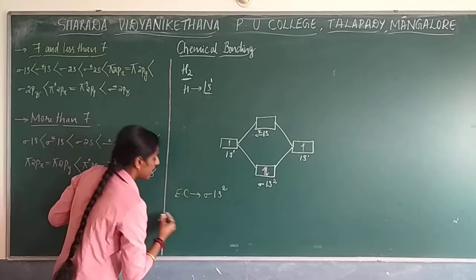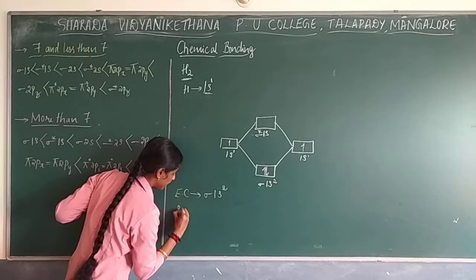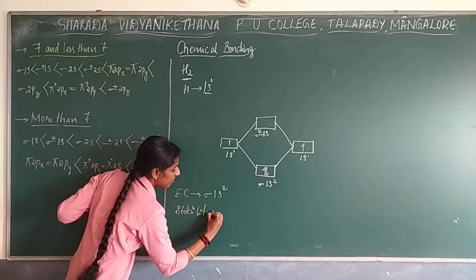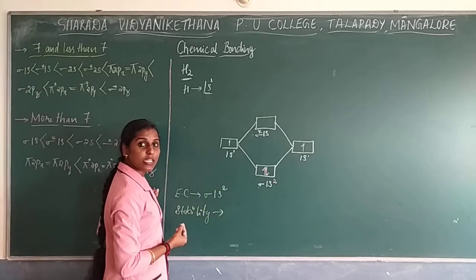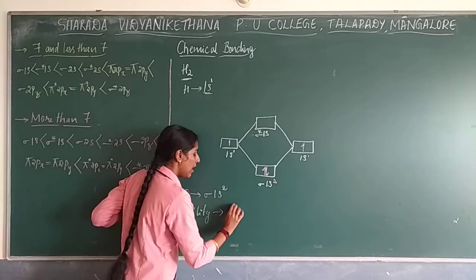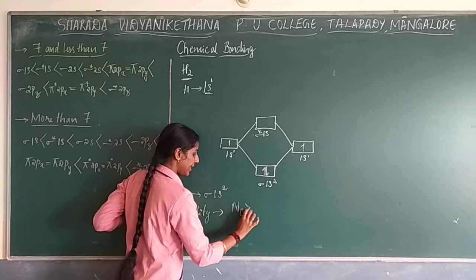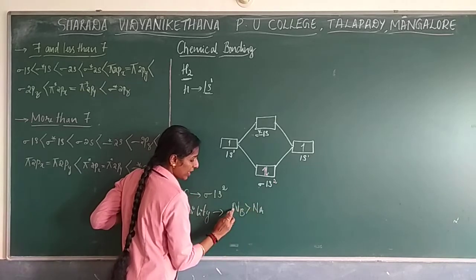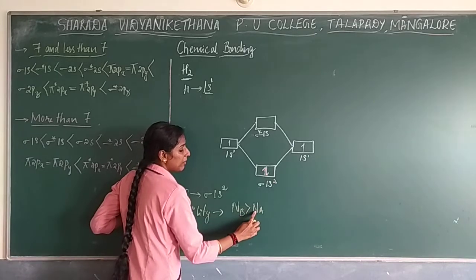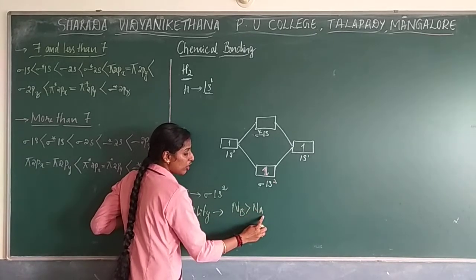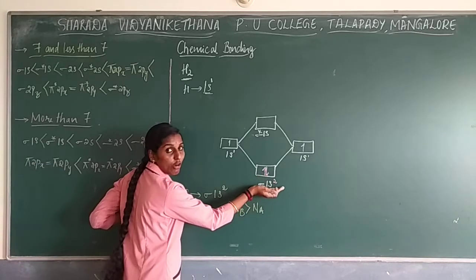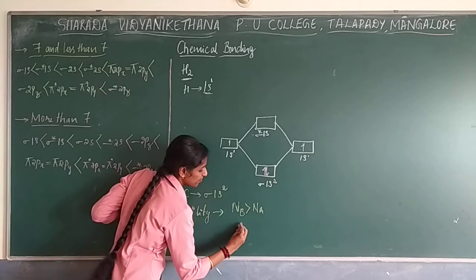Next, what you have to check is the stability. Stability will be maximum when Nb is greater than Na. Nb is the number of electrons present in the bonding molecular orbital and Na is the number of electrons present in the anti-bonding molecular orbital. So first write the number of electrons in the bonding molecular orbital, that is 2.